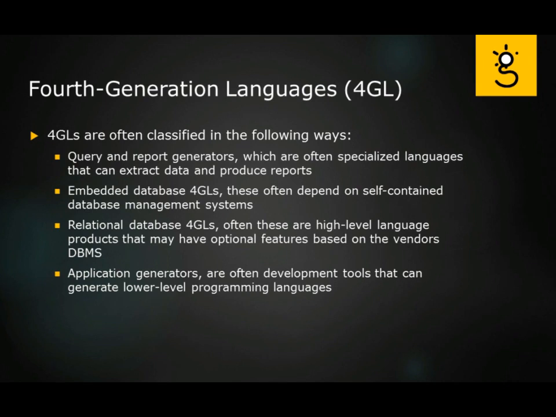Going back to my SQL example, Microsoft uses what's called Transact-SQL, T-SQL, whereas other suppliers of databases might use ANSI SQL, a little bit more of a standard. But that's because each of them has a variety of extra features that are available in the language that the other vendor might not have. Now, application generators are often going to be your development tools that can generate lower level programming languages from this higher level language.